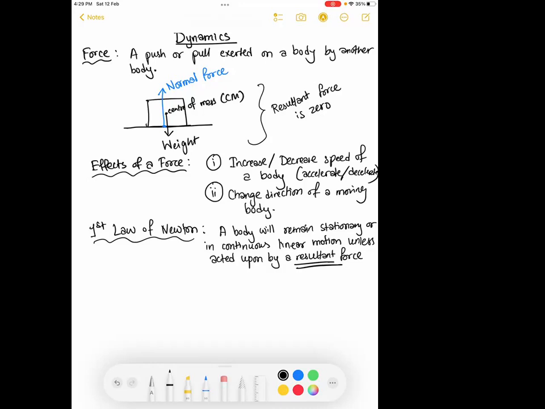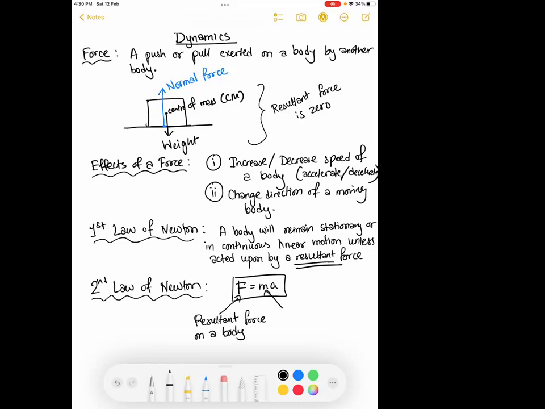Now the second law of Newton. This is basically the equation F equals ma. F is the resultant force on a body. m is the mass of the body, and a is the acceleration.